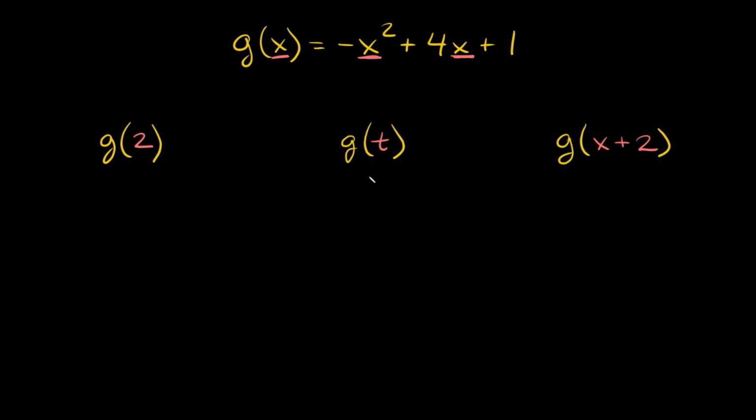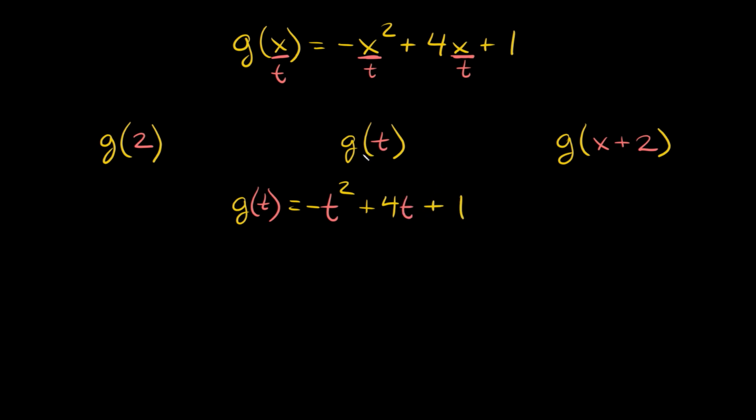So here, we want to evaluate g of t. That just means instead of x, we want to put a t right there. Same thing over here: wherever we have an x, we just want to replace those with t's. So g of t is going to be equal to negative x squared, so here we're going to have negative t squared plus 4x, so this is going to be plus 4 times t and then plus 1.